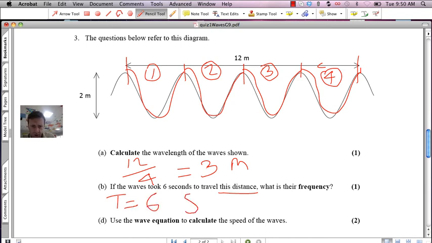So therefore, f equals 1 upon t. F equals 1 divided by 6, which equals, I can't do that in my head, it's too hard, about 0.16, something like that.